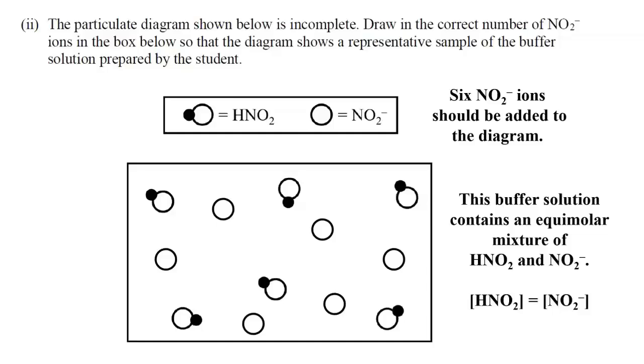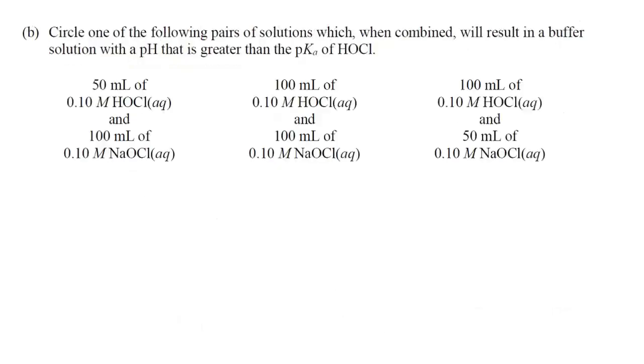Now let's take a look at Part B of this question. In Part B, it says circle one of the following pairs of solutions which, when combined, will result in a buffer solution with a pH that is greater than the pKa of HOCl.